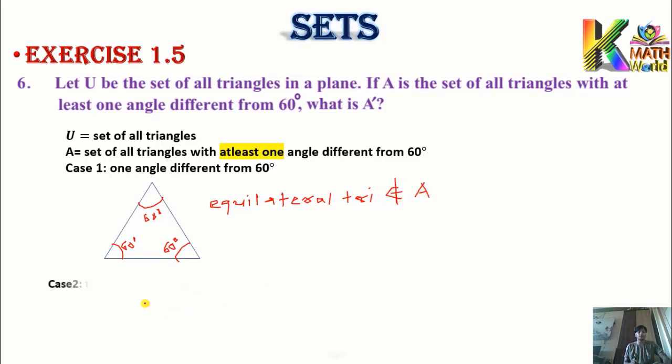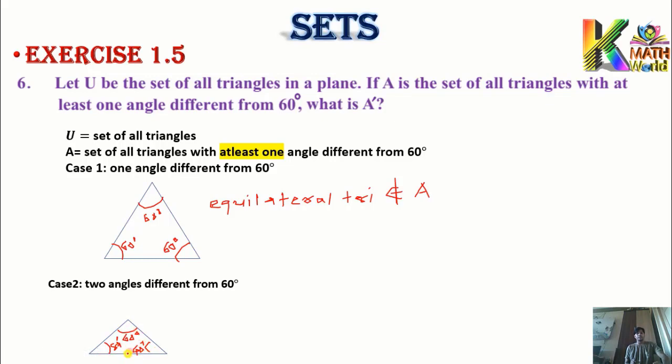See the second possibility: two angles different from 60. It means one angle is compulsorily 60 and the other two angles may be anything. Suppose this is your 60 degrees, then this may be 80 degrees and this may be 40 degrees.